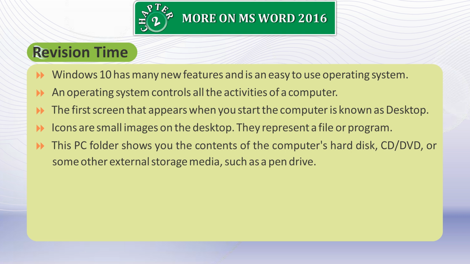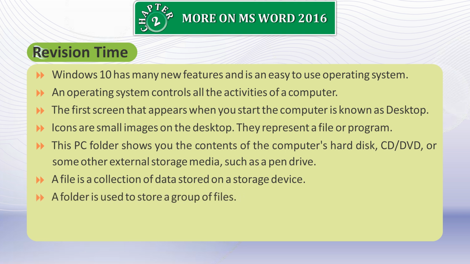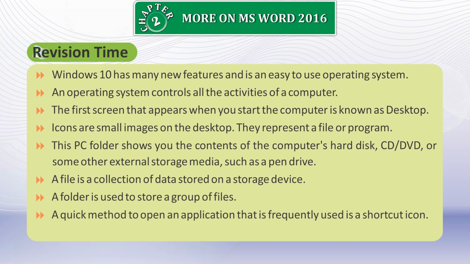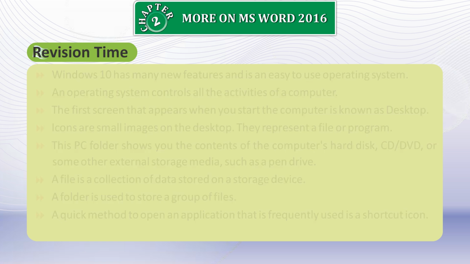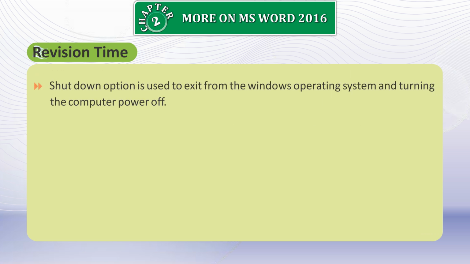This PC folder shows you the contents of the computer's hard disk, CD or DVD, or some other external storage media such as a pen drive. A file is a collection of data stored on a storage device. A folder is used to store a group of files. A quick method to open an application that is frequently used is a shortcut icon. Shutdown option is used to exit from the Windows operating system and turning the computer power off.